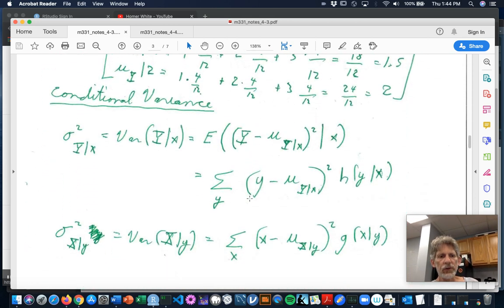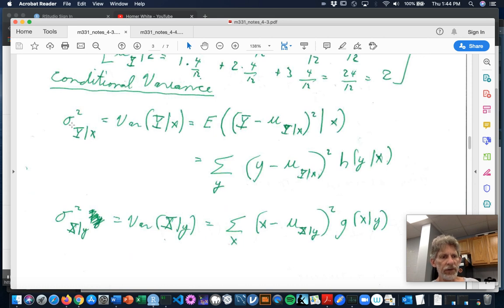There's also conditional variance. So the variance of one of these conditional random variables could also be written like this. Just by definition, it's going to be the expected value of this conditional random variable, a function of capital Y: capital Y minus the conditional expected value for y given x, squared, given that capital X is little x.